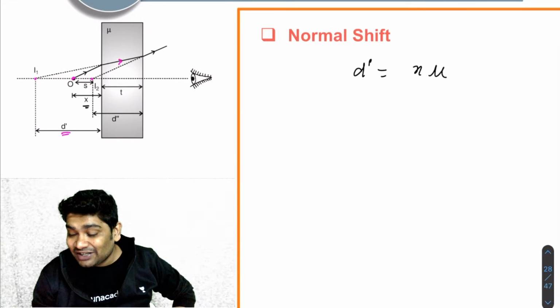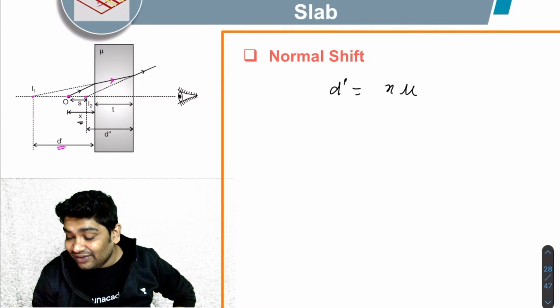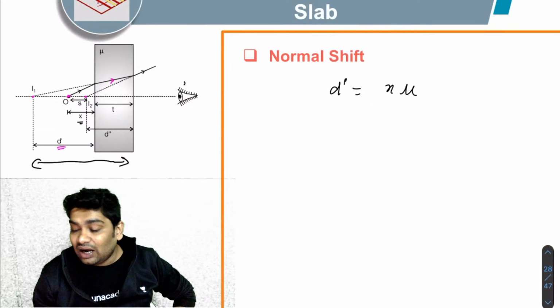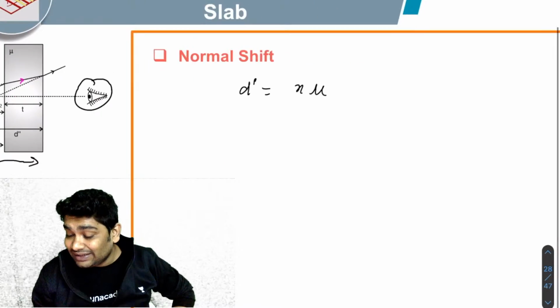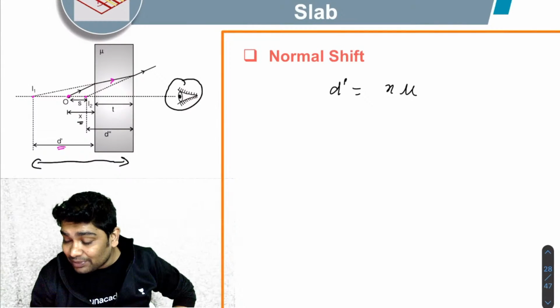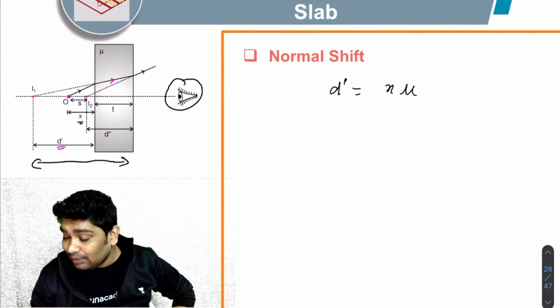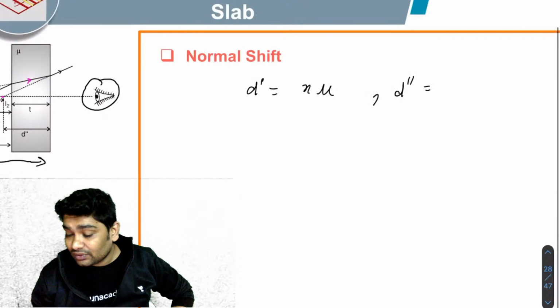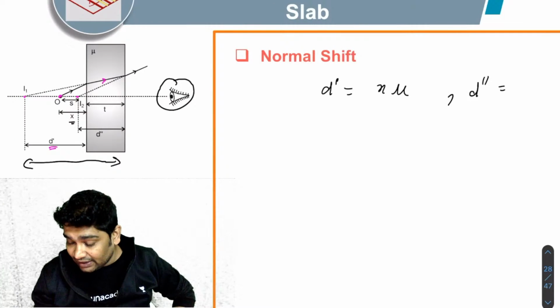Now imagine in the glass, the image is at a distance d dash. Now from air, how does it appear? The image appears shifted here, and d double dash would be again how much?